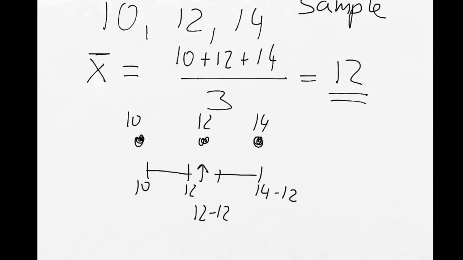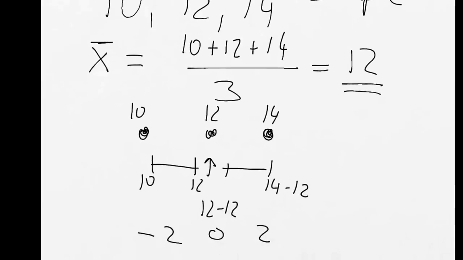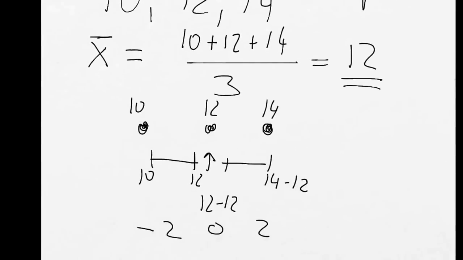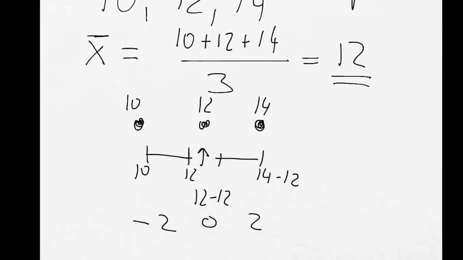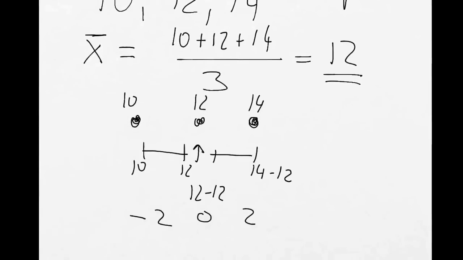So let's do that in the first place. 10 minus 12 is? Minus 2. 12 minus 12? 14 minus 12 is 2. So now when I look at that and say, okay, let's put them all together, I would get minus 2 plus 0 plus 2 would be 0.